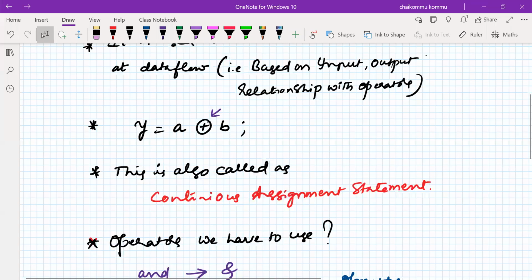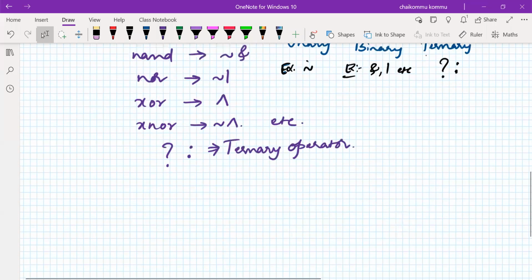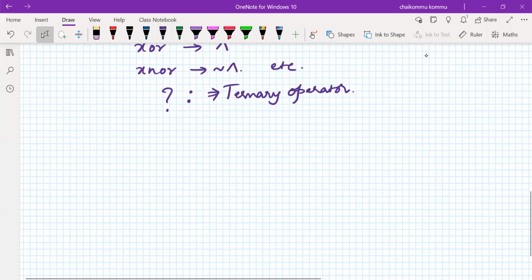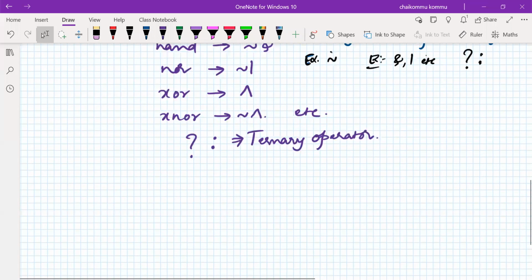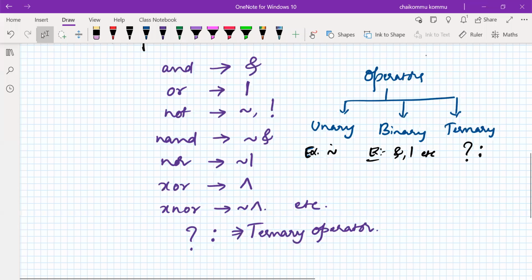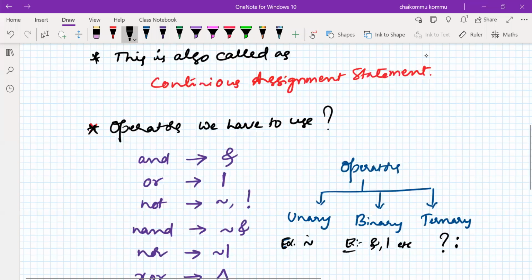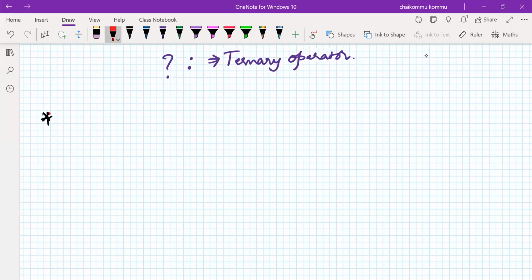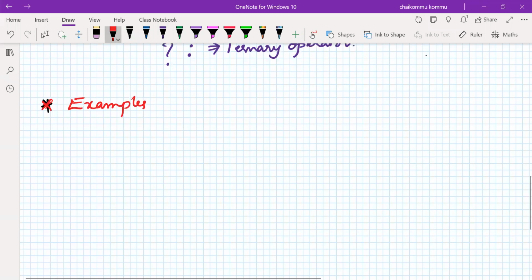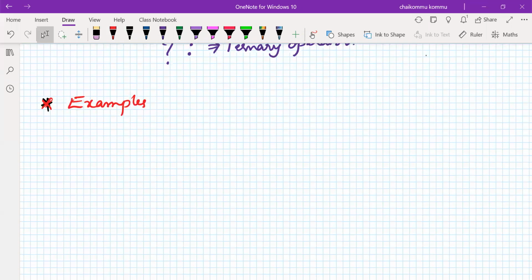Then how do we use these operators in order to perform logical operations? Examples. First, for example, we consider a full adder.